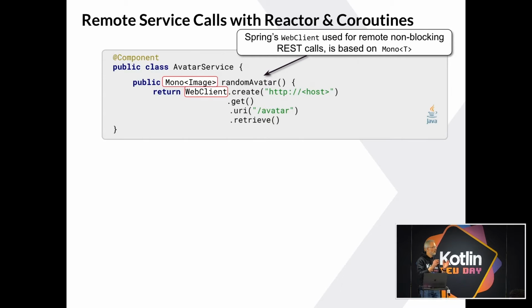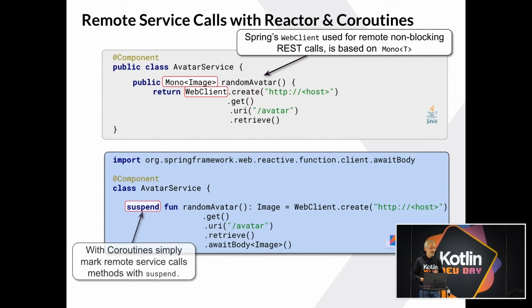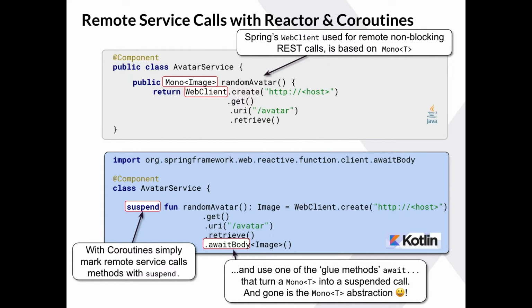And then again, we go with the mono and the mono all the way. In order to turn this into a reasonable method signature, the only thing you have to do is make this method suspend. And second, use one of the many provided extension methods that converts this mono into a suspended method. That's all you have to do.